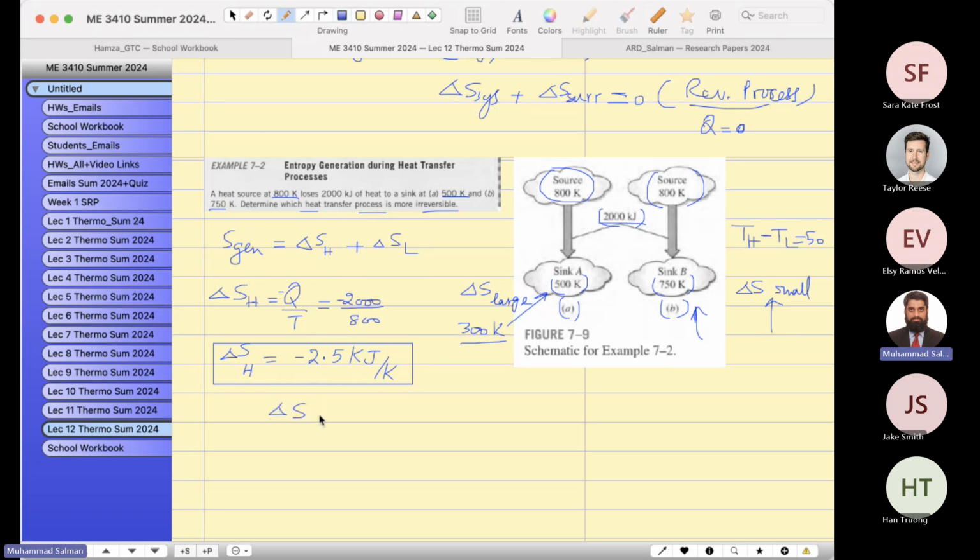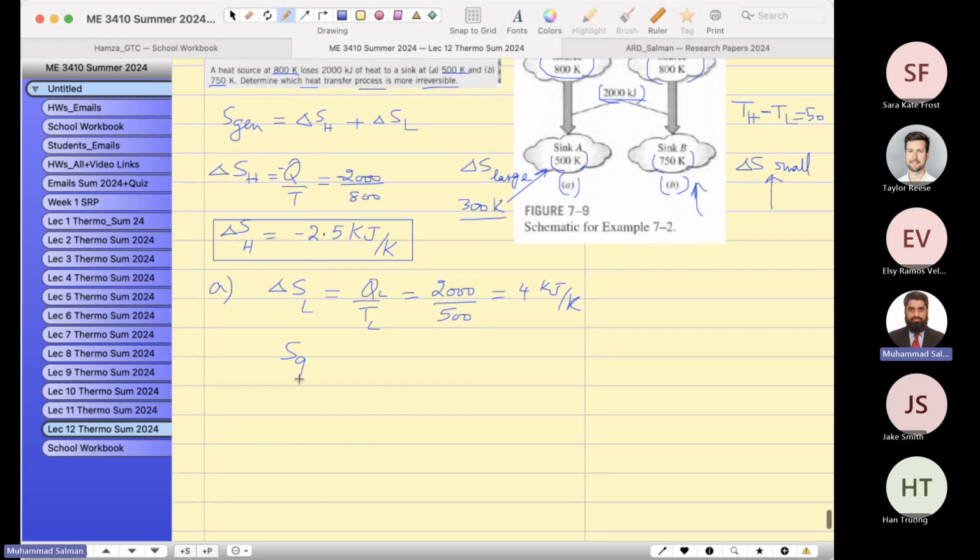And let's see the sink for case A. For the sink, or the low temperature, it is Q_L over T_L, the same amount of heat, 2000 divided by 500, which is 4 kilojoules per Kelvin.